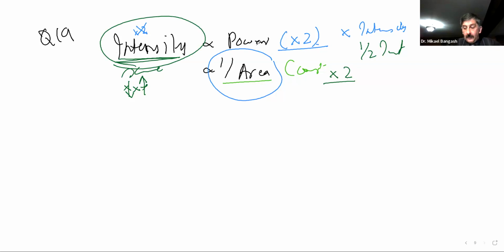Now, I know this is a little off question, but if the intensity remains the same, that mainly means the intensity will not increase, neither will it decrease, while the power is doubled.